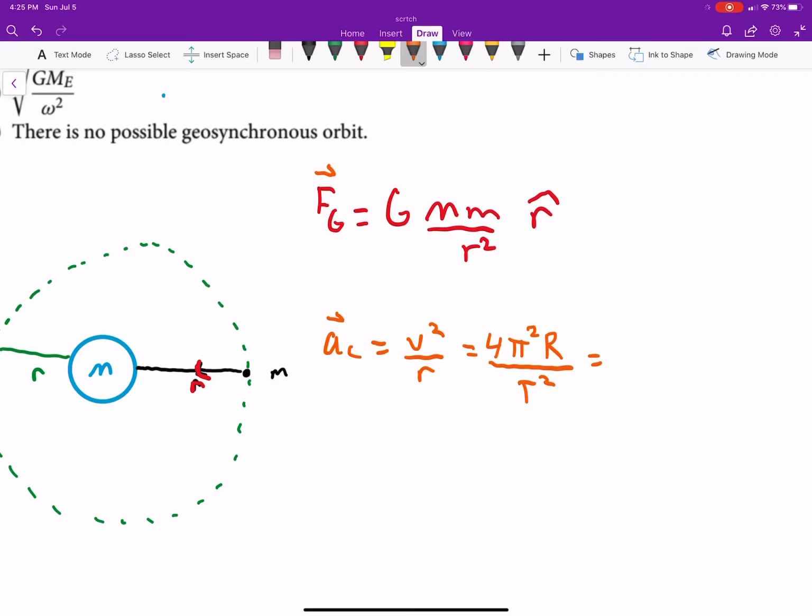And we can also think of it as omega squared times r. So these are just equations from classical mechanics for an object moving in a circle.